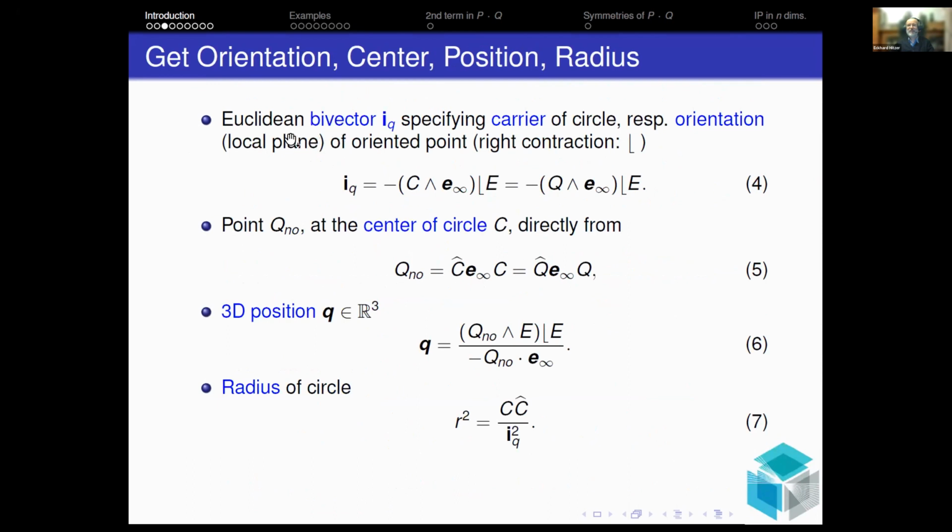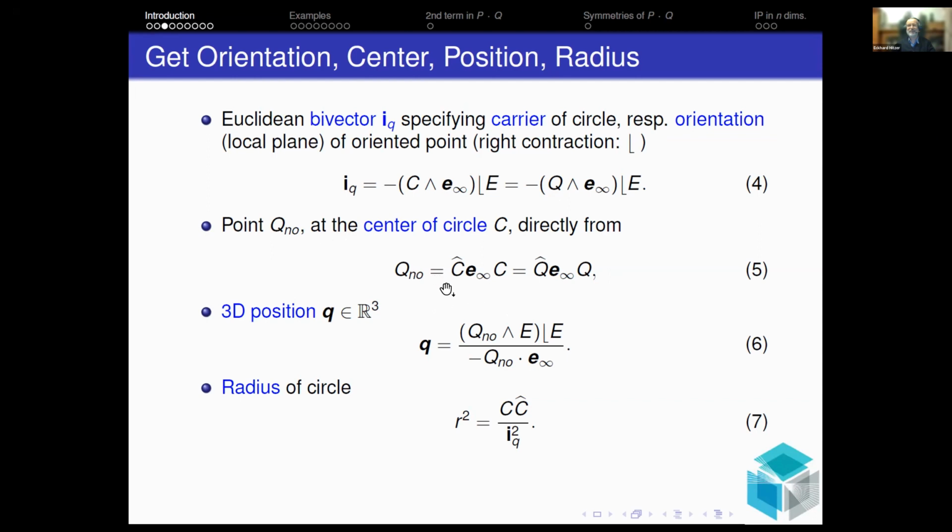The Euclidean bivector IQ, that is the carrier plane orientation of the circle or of the oriented point, you get with this expression: take the outer product with E infinity and then right contract with E, the bivector of the origin infinity plane. And also from the circle or from the oriented point, you can get the conformal point at the center or at the position of the oriented point with the sandwiching operation.